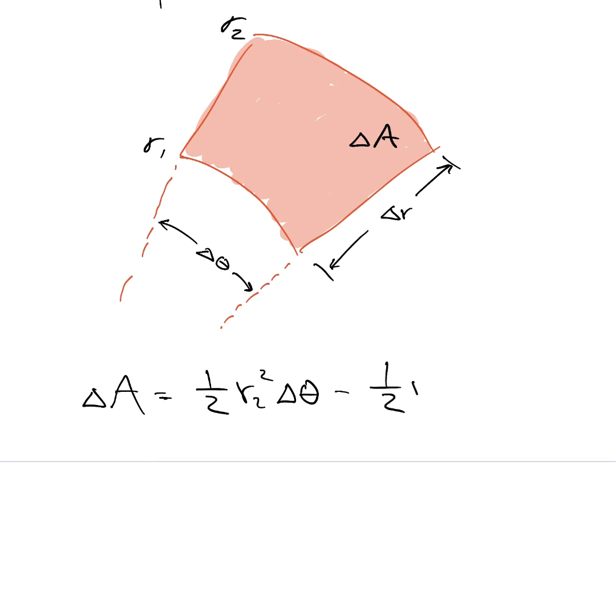So take away 1/2 R1 squared delta theta, and that's our delta A.